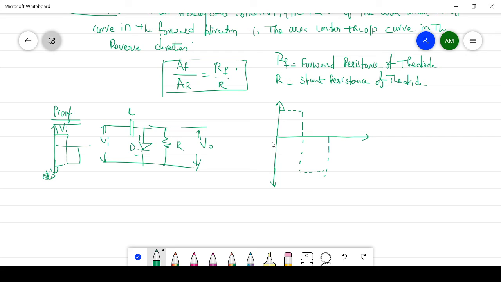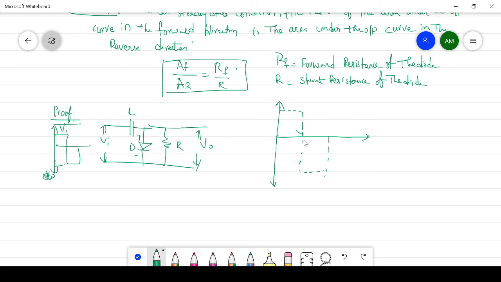In the previous session, the positive clamper and negative clamper were explained for an ideal diode. Now, practically, we are considering the practical diode, so we can get this type of waveform.